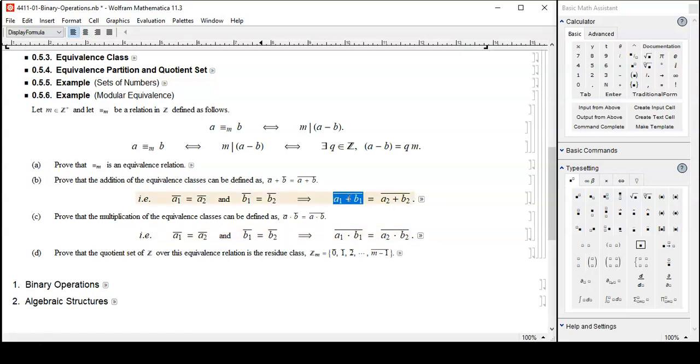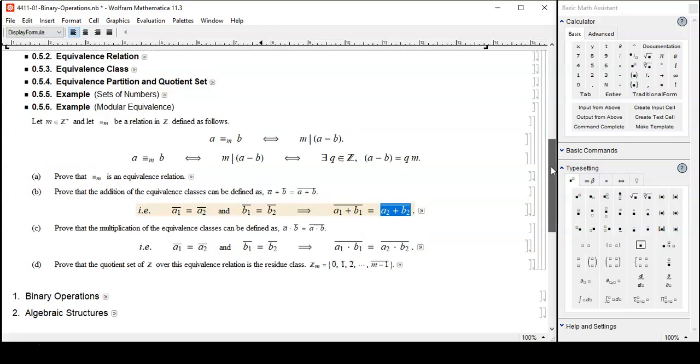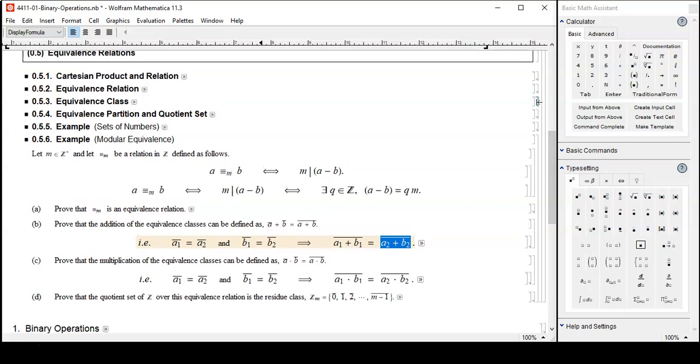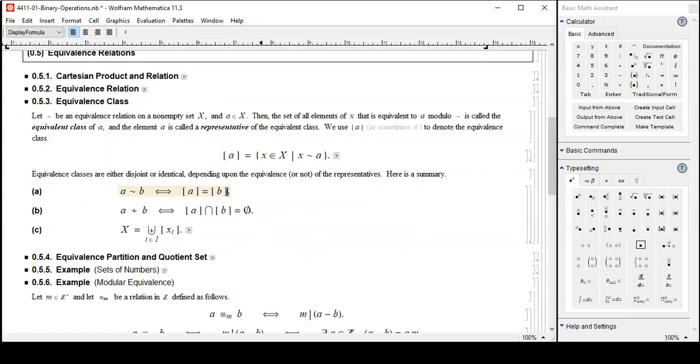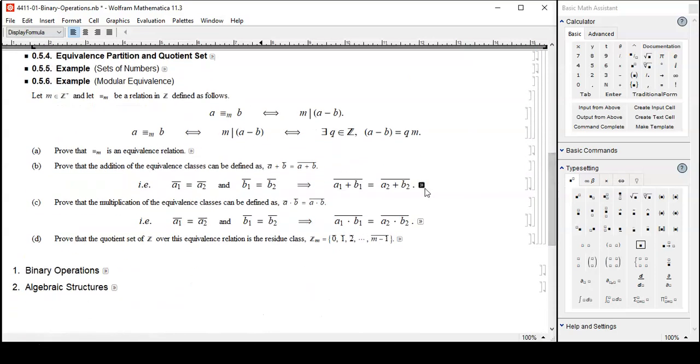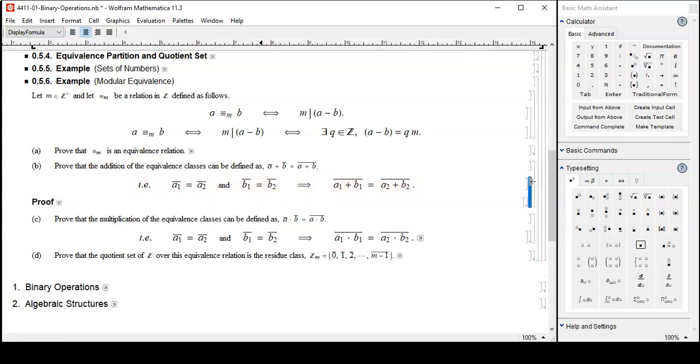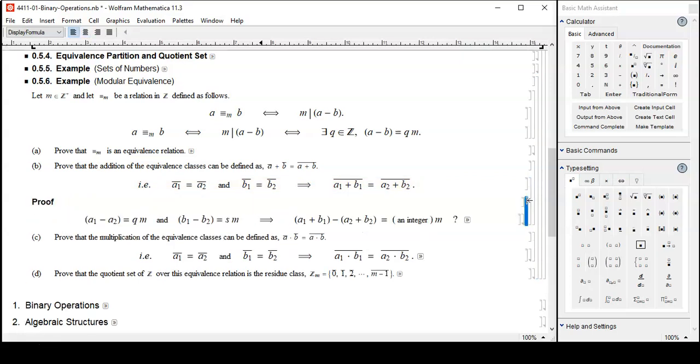What do you mean by two equivalence classes being identical? That means those are related. Remember? So representatives are related. That's what you have to prove. A1 plus B1 and A2 plus B2 must be related. See?